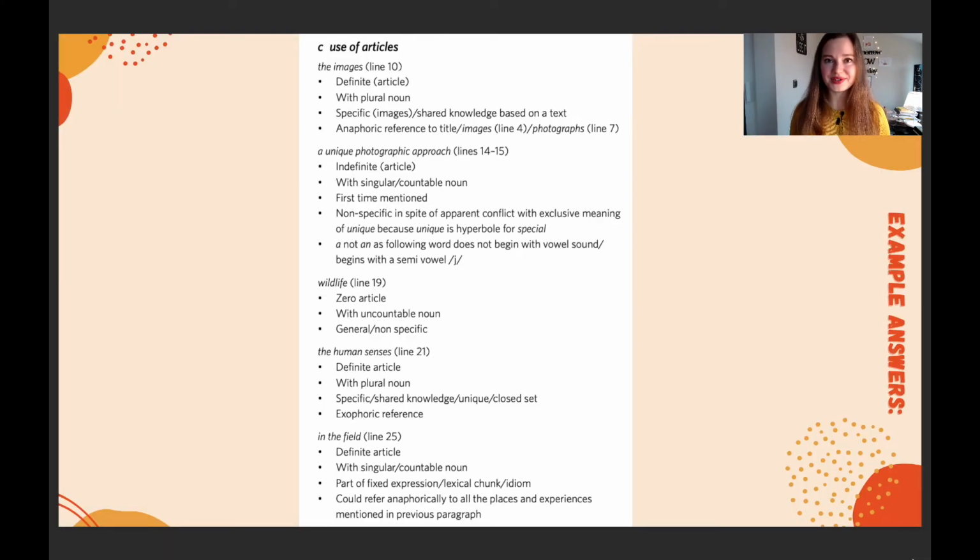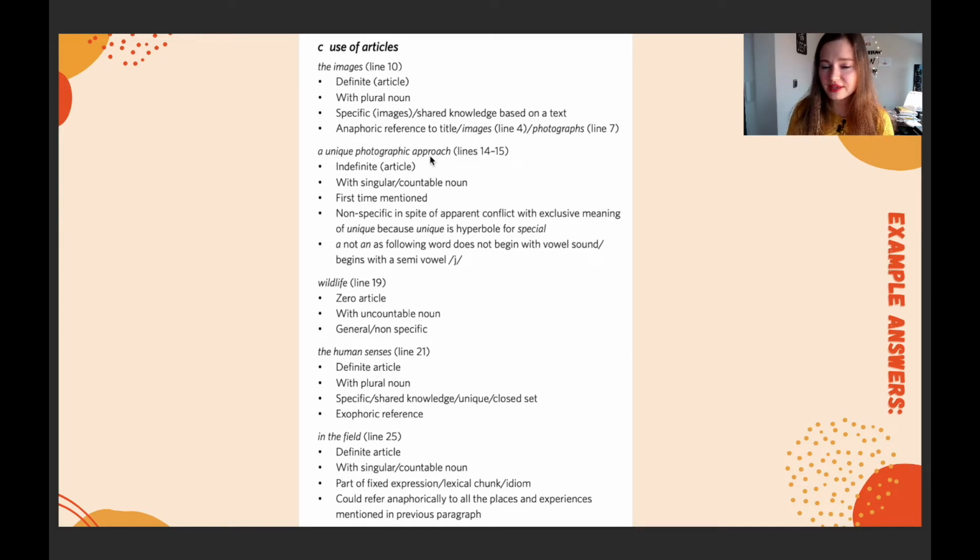Now it's time to have a look at how it may look in the booklet so that you can gain the highest mark. The images: you can see that here we write definite article with plural noun, specific images, shared knowledge based on the text, anaphoric reference to title. Images.